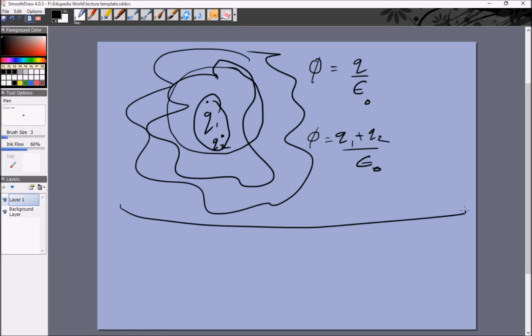What about outside charges, however? So let's say we have this surface. What if the charge was outside the surface? In that case, when we were integrating delta omega, instead of getting 4 pi, we would get 0. Because this closed surface subtends an angle of 4 pi at any point in its interior, but it subtends an angle of 0 at any point in its exterior.